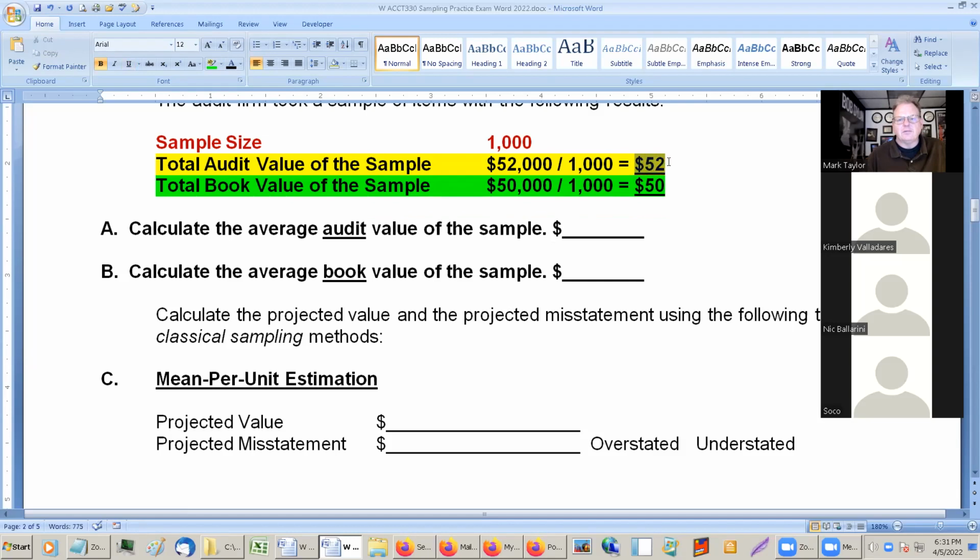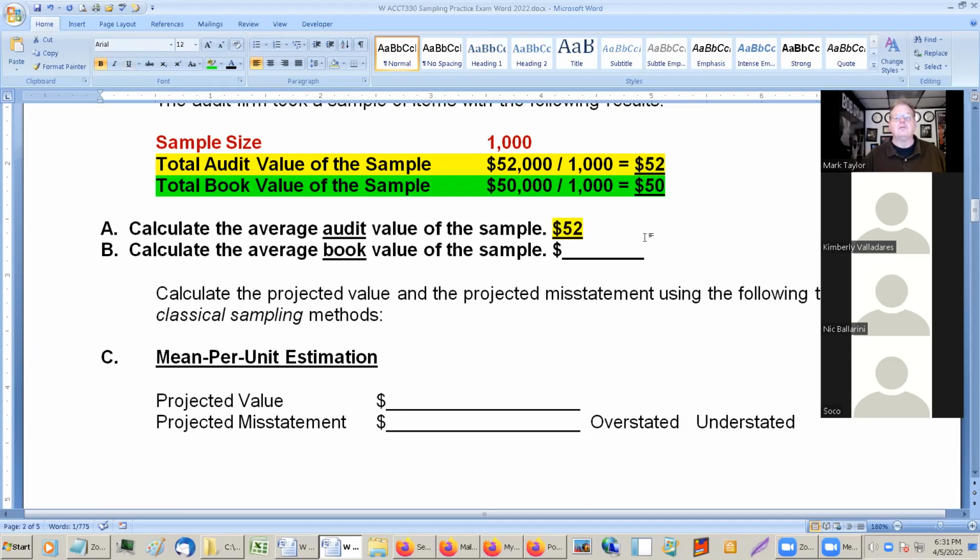All right. So the audit average is 52. And the book average is 50.